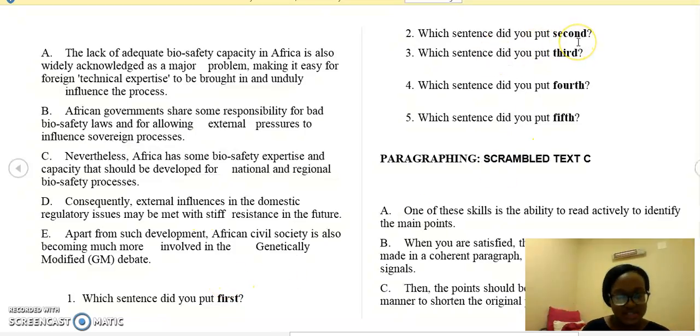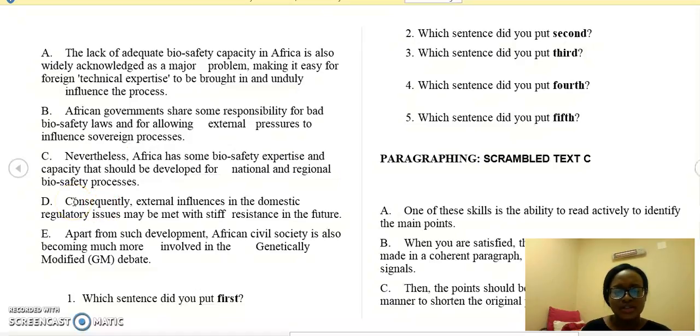Which sentence should you put second? A, because it goes on to explain why African governments share responsibility for bad biosafety laws and exactly what these external pressures are that influence sovereign processes. Because it says the lack of adequate biosafety capacity in Africa is also widely acknowledged as a major problem, making it easy for foreign technical experts to be brought in and unduly influence the process.